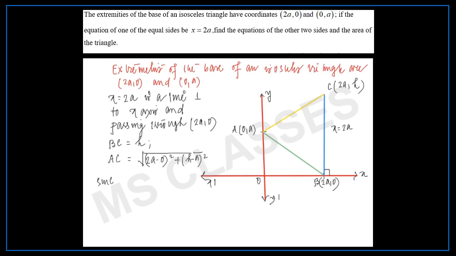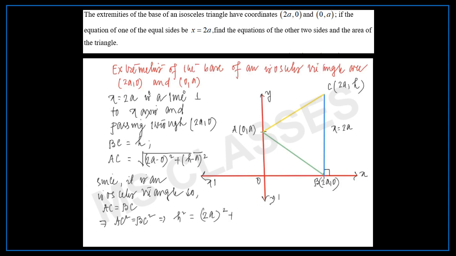Since it is an isosceles triangle, AC equals BC. This implies AC square equals BC square, and that means a square equals (2a) whole square plus (h minus a) whole square.